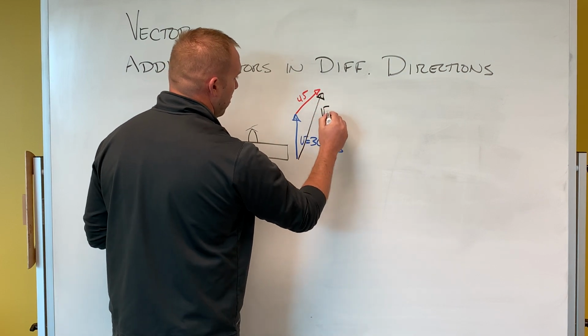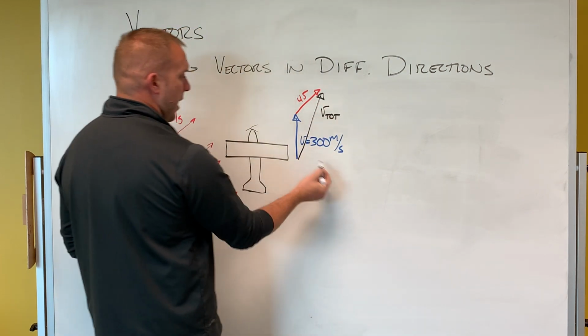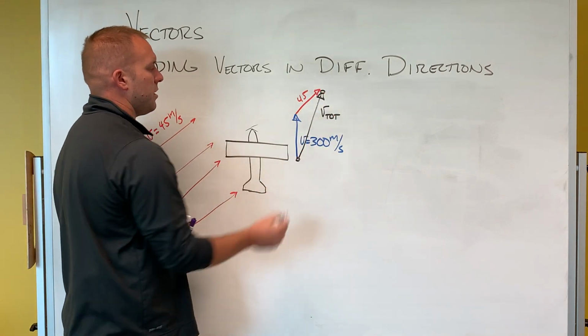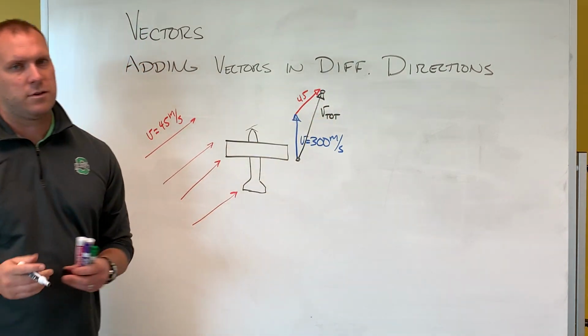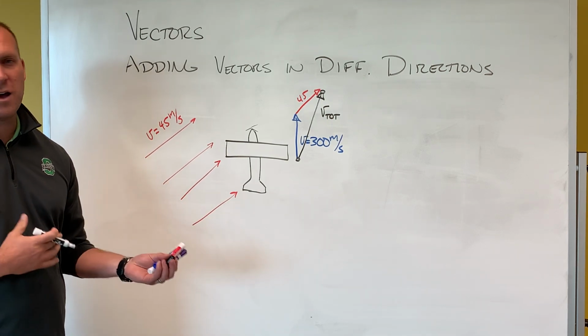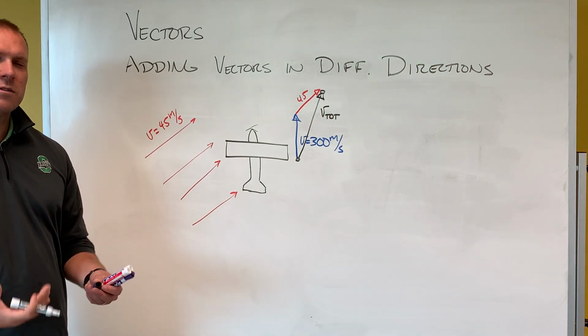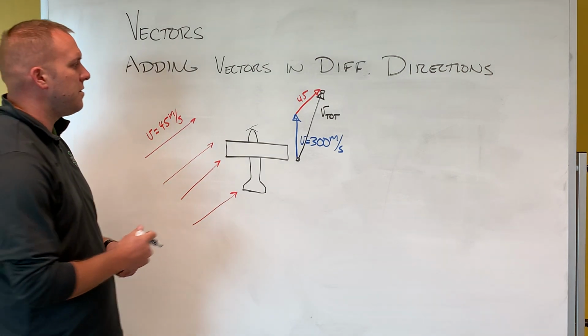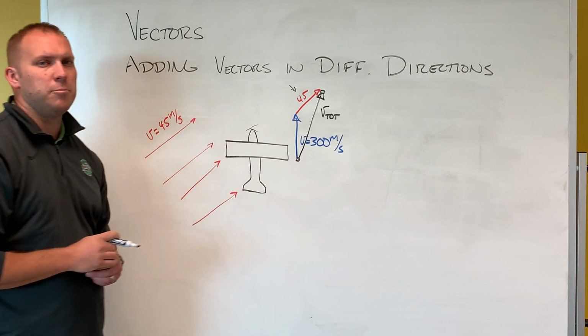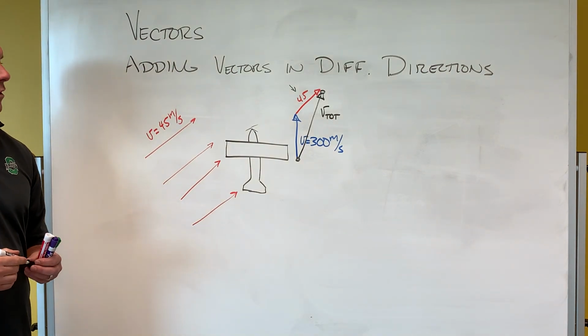Or my total velocity would be head to tail, from the tail of where I started to the head of where I ended, because I've added the vectors head to tail. This is a little bit more challenging to solve. We could do law of sines or cosines, but the way that is typically done in physics is breaking this vector up here into its x and y components and then adding those together.